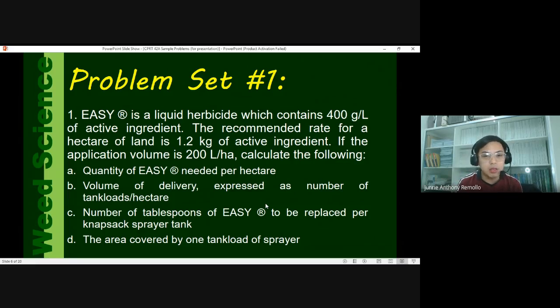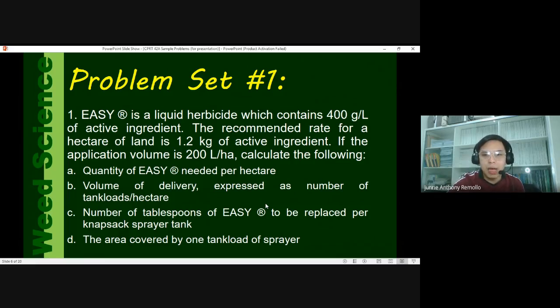If the application volume is 200 liters per hectare, we need to calculate the following. First, the quantity of EC herbicide needed per hectare. The second one, the volume of delivery expressed as the number of tank loads per hectare. And then the number of tablespoons of EC herbicide to be placed per knapsack sprayer tank, and the area covered by 1 tank load of sprayer.